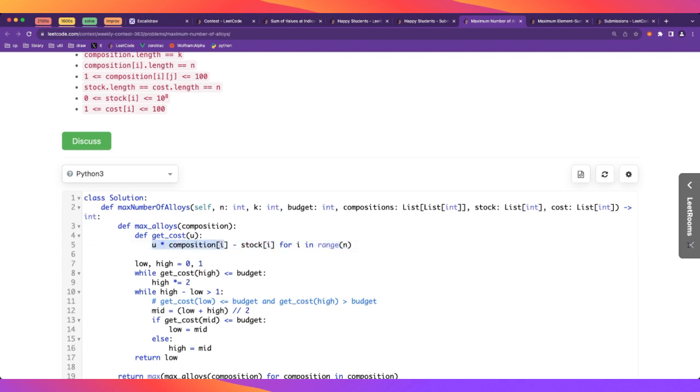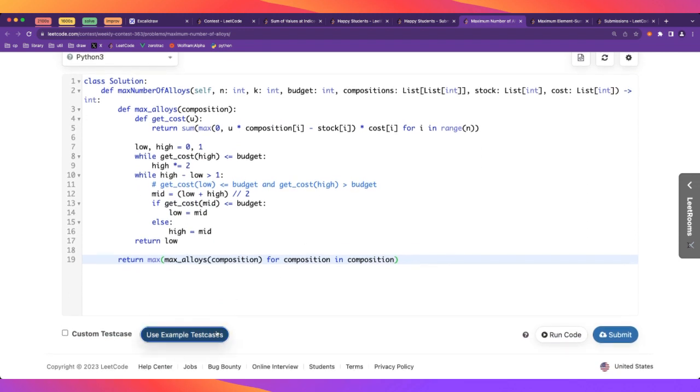And here, if we have more stock, then the number of units is going to be negative, but we want to keep it non-negative, so we use the trick of the max of 0 and the value. This is going to give us the number of units that we need, and their cost is given by cost of I, and we add up for each metal, and that's going to give us the cost. So this should solve the problem.